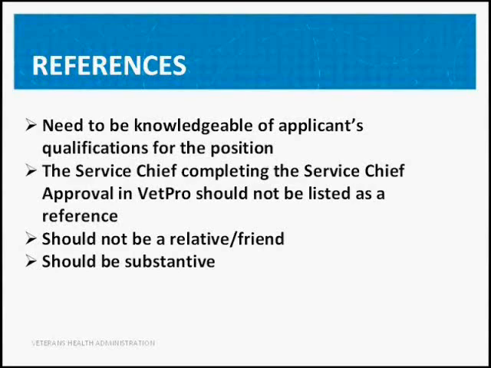You can document this conversation in VetPro on a report of contact, or you can do it on a separate sheet of paper, which you will sign and date and scan into VetPro with the reference. The same process should be followed if the references provide any negative comments.